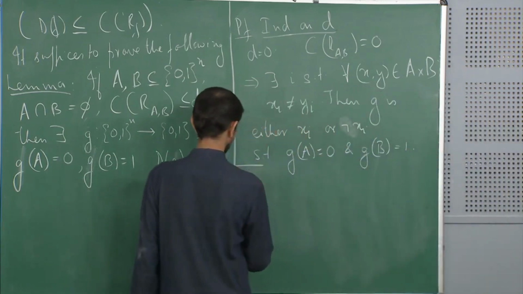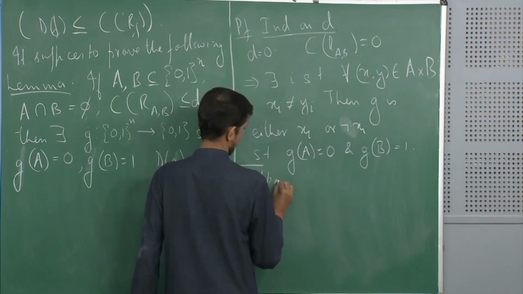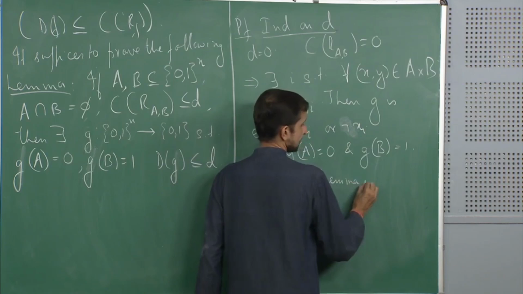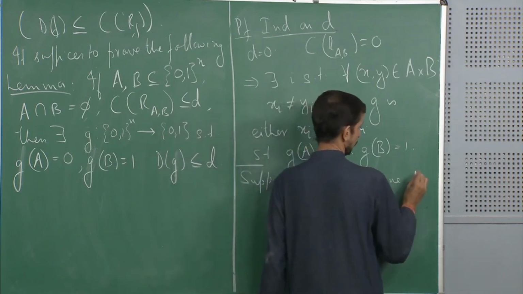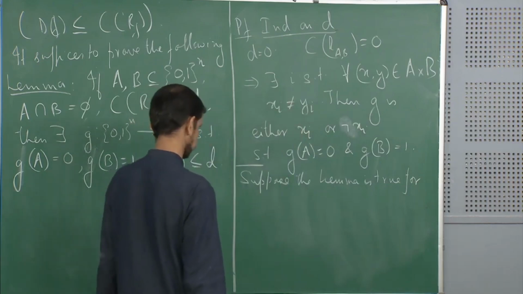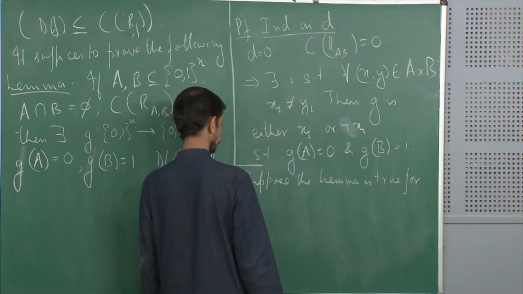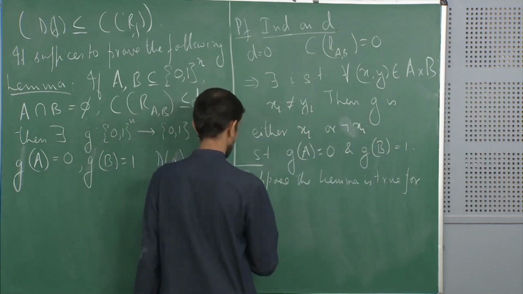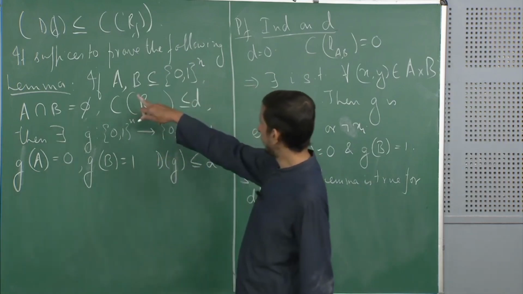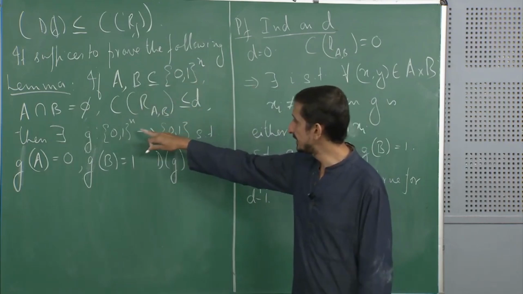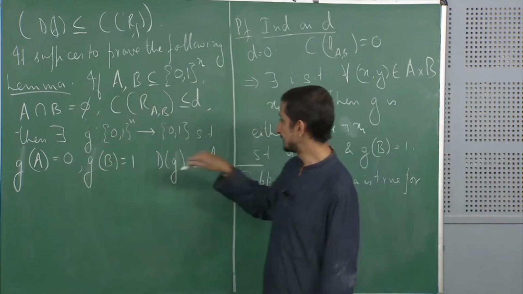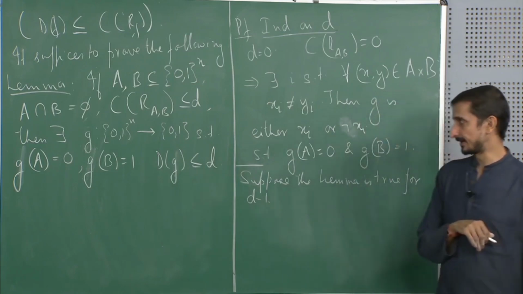Now suppose the lemma is true for d minus 1. That is, if CRAB is at most d minus 1, then there exists a G such that d of G is at most d minus 1.